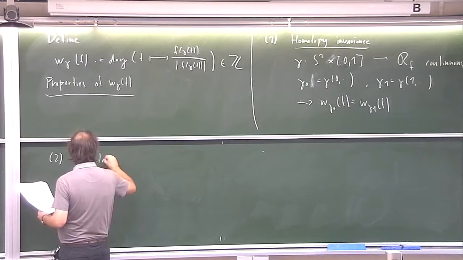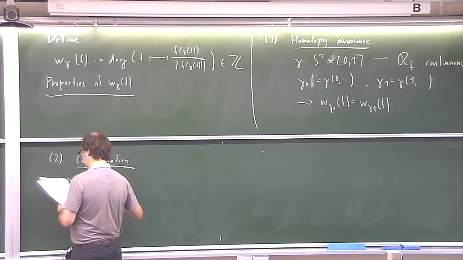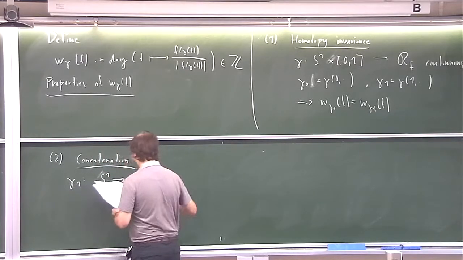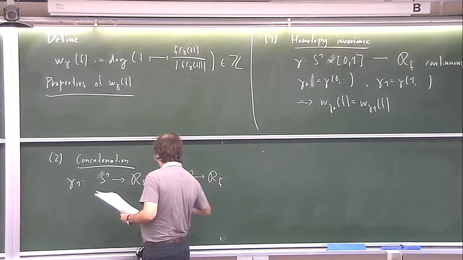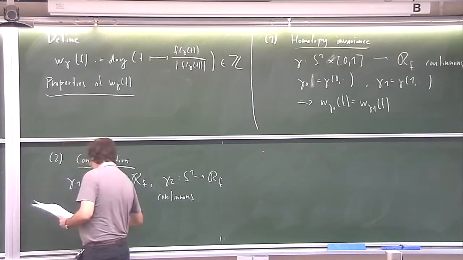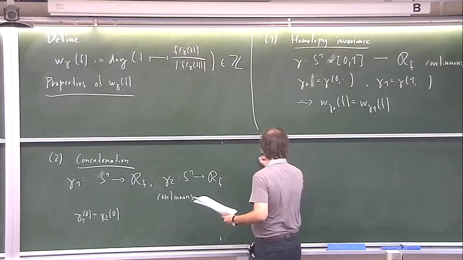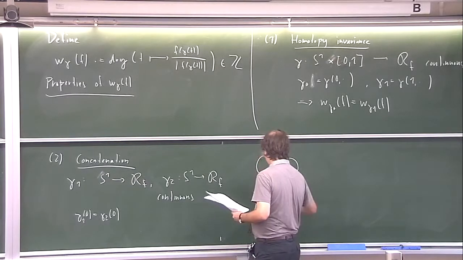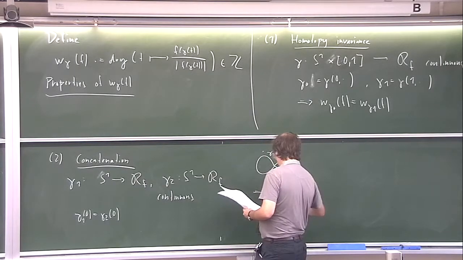Concatenation. So if gamma 1 is a loop in the regular set and gamma 2 is another loop in the regular set, so continuous, and suppose that they have the same starting point, so that then we can concatenate them, and then we concatenate gamma 1 with gamma 2.